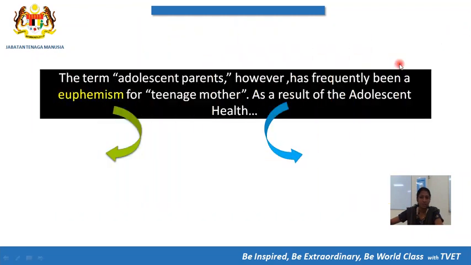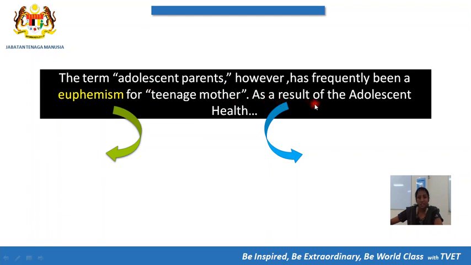So let's look at the example here. The term adolescent parents, however, has frequently been a euphemism for teenage mother, as a result of the adolescent health. Euphemism? I don't know what this is, teacher. It's okay, let's just follow the rhythm.